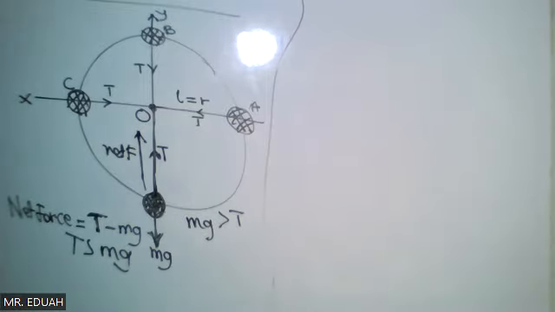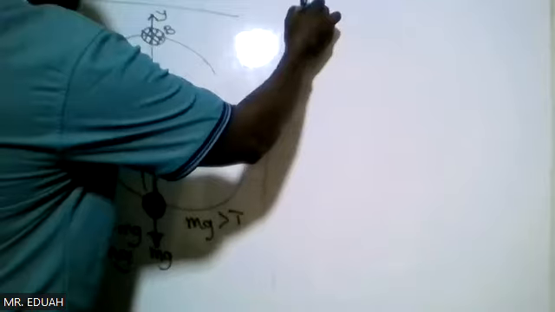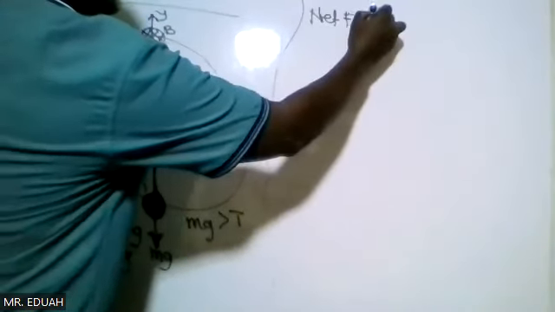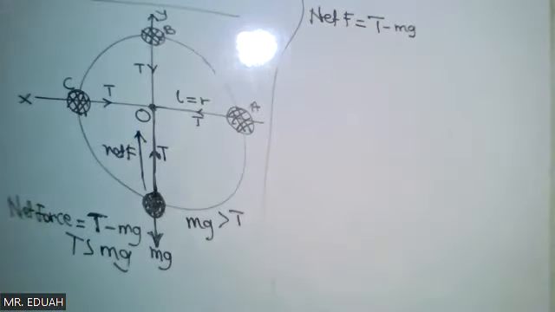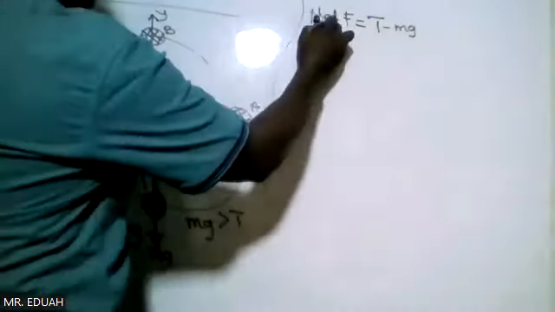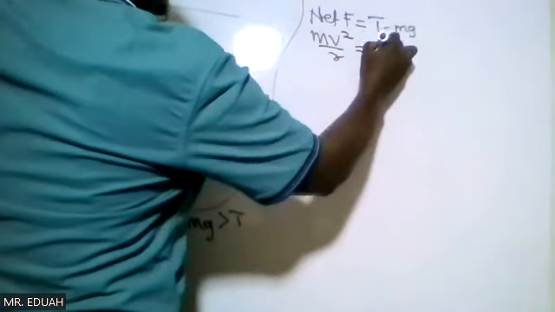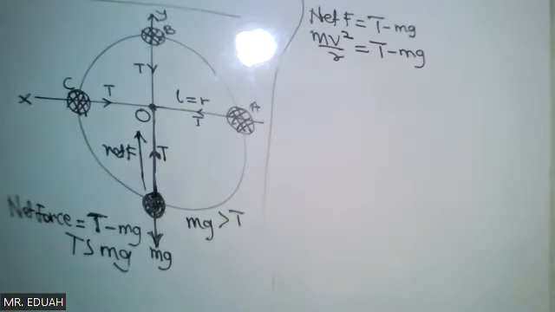And so we equate the net force, T minus mg, to the centripetal force: mv squared over r is equal to T minus mg. Please, are we okay with this equation?